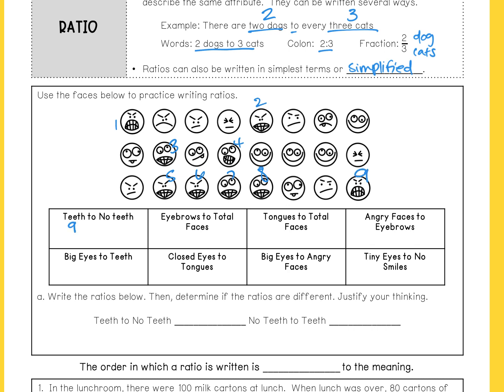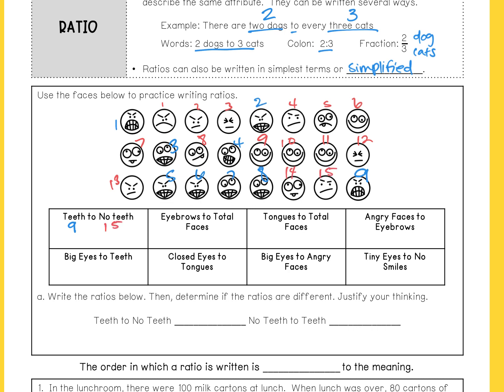So 9 of my faces have teeth, and the number of faces that don't have teeth are 1, 2, 3, 4, 5, 6, 7, 8, 9, 10, 11, 12, 13, 14, and 15.